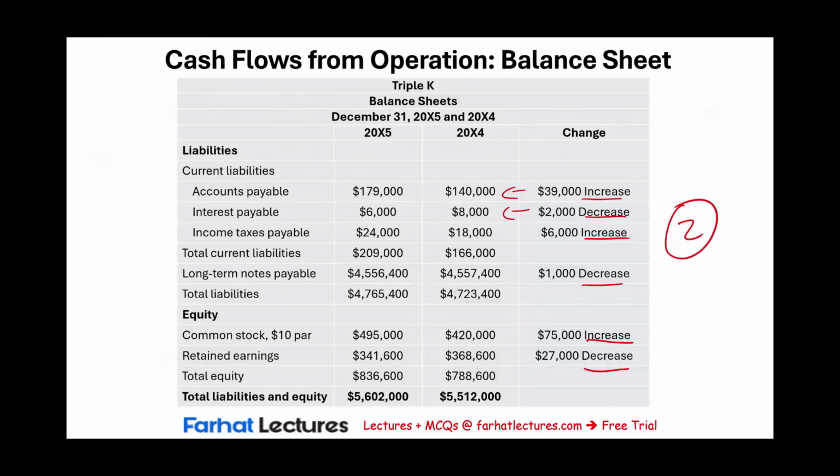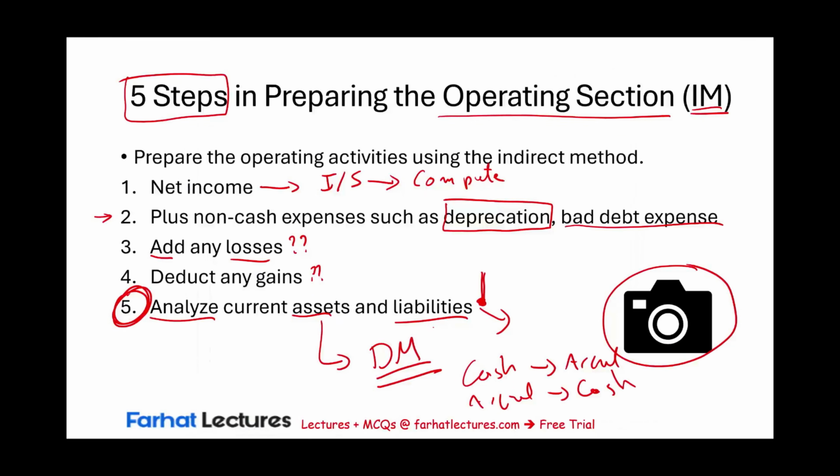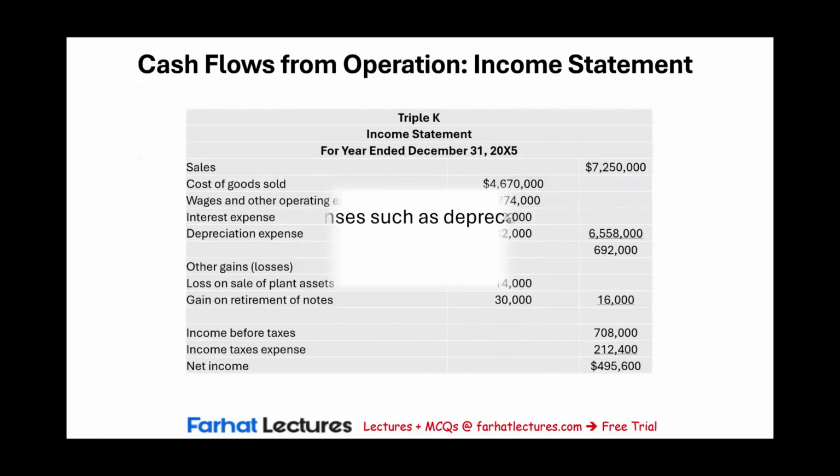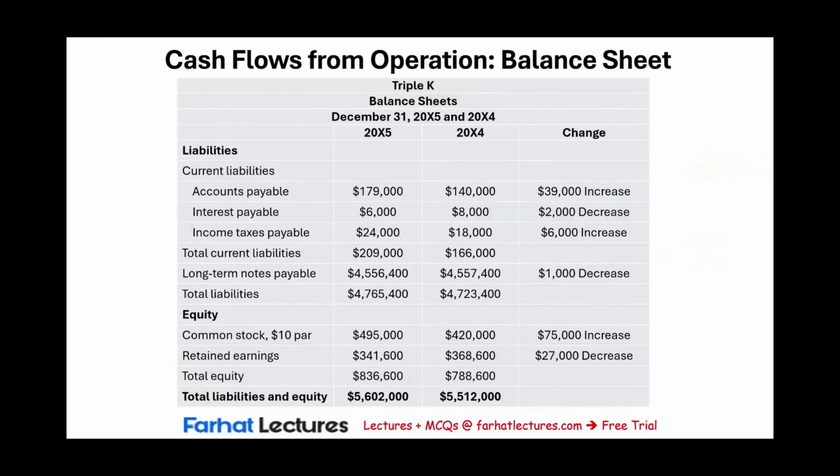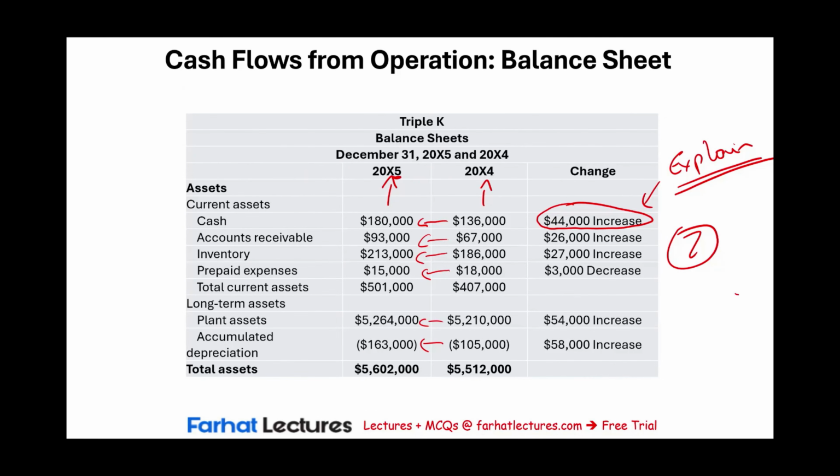What I said in step 5 is where you analyze your current assets and current liabilities. Why current assets and current liabilities? Because when you operate the business, you need current assets. Current assets are accounts receivable, inventory, prepaid, supplies.